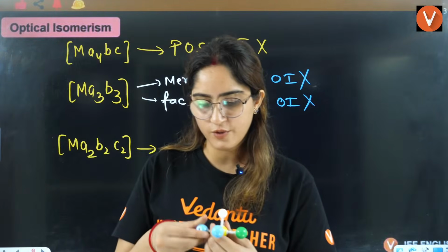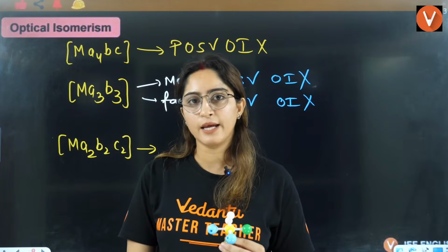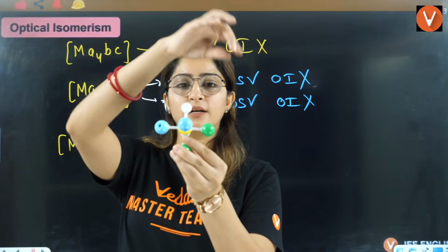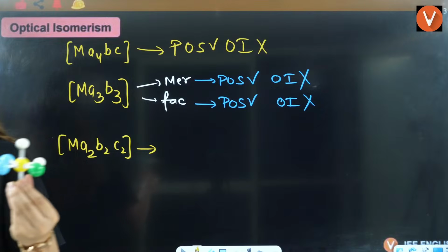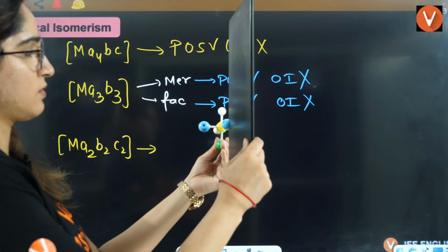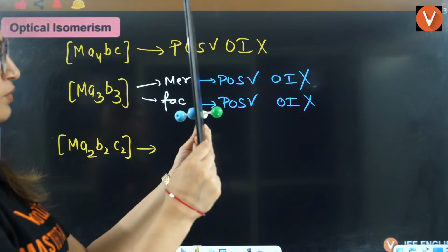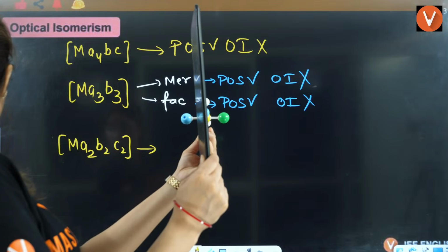Here you will find it very difficult to have a plane of symmetry. If you pass the plane from this side, these two are different. If I pass a plane like this, this blue and this green one are different. I think from the camera it is more clear.